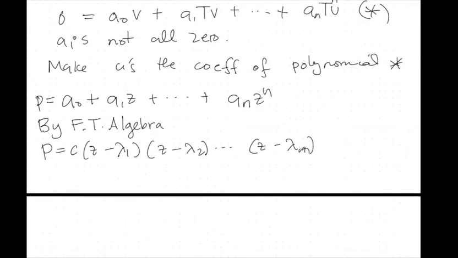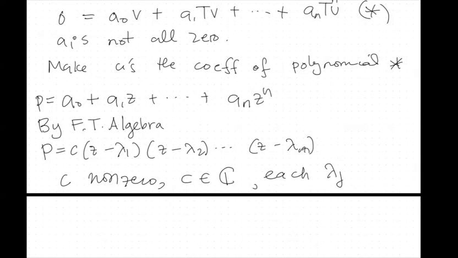And here, c is non-zero, and c is an element of the complex numbers, and each lambda sub j is also in C. Why can we do this?